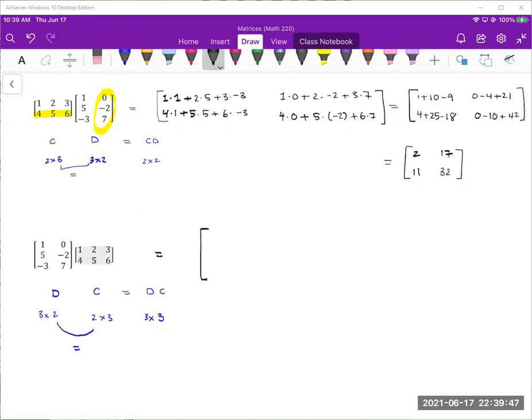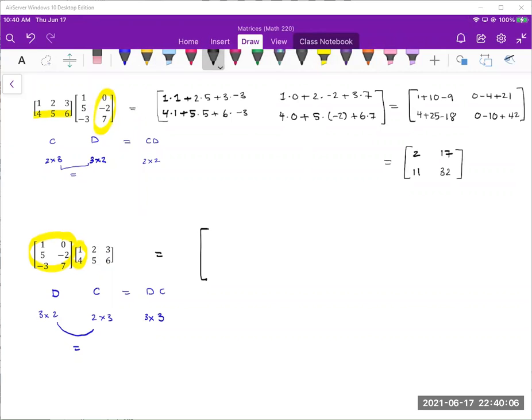Okay, so let's work down our columns first. So we're going to be taking this matrix multiplied by the first column vector, 1, 4.